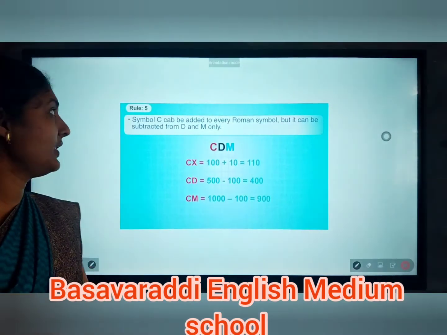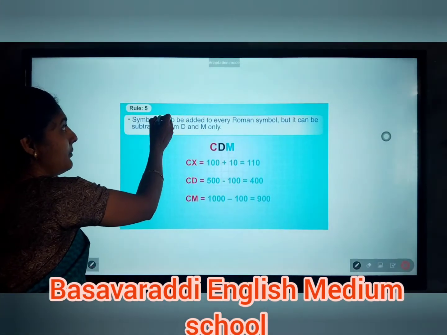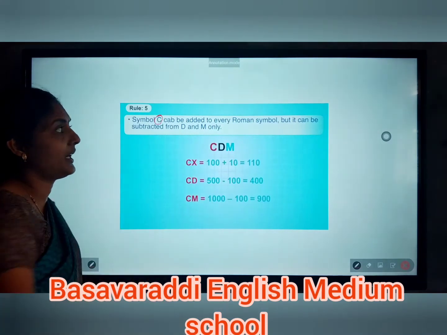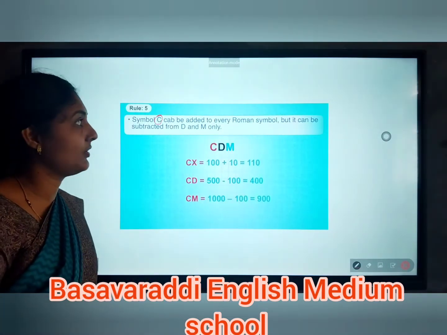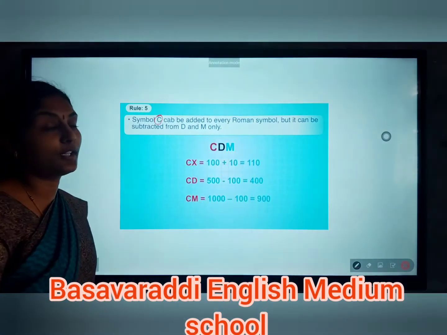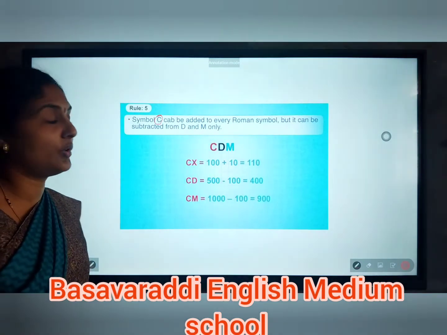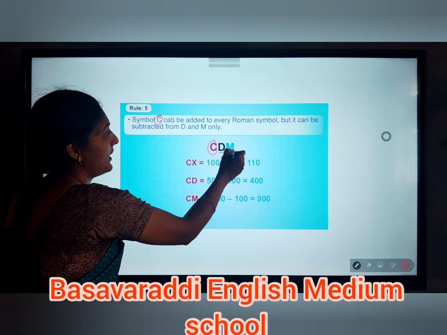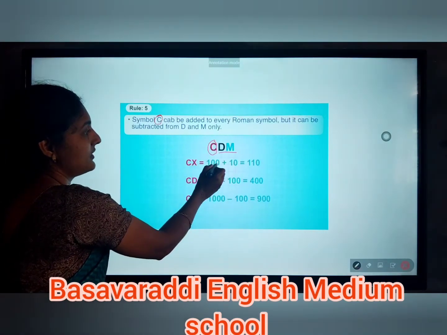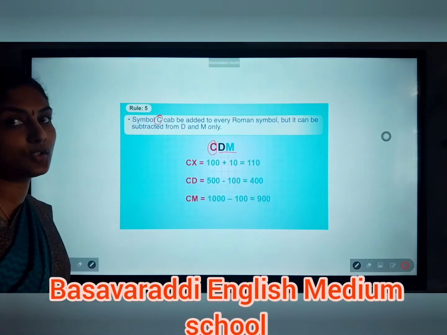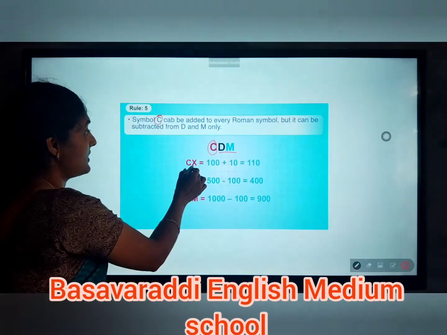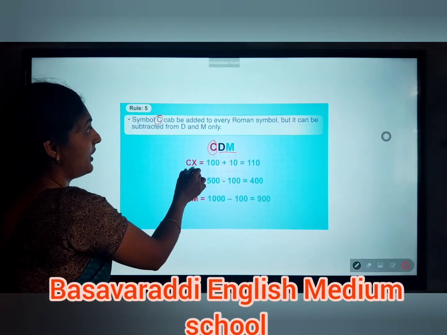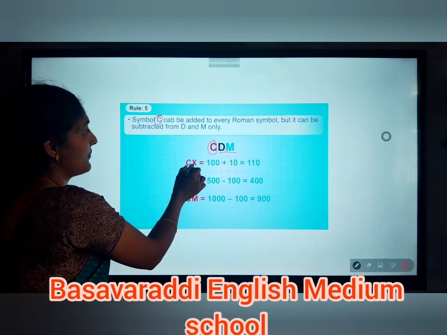Okay, rule 5: symbol C can be added to every Roman symbol, but it can be subtracted from D and M only. So CX, that is 100 plus 10 is equal to 110. So this is added to every Roman symbol.